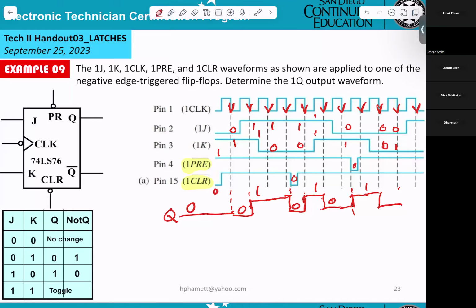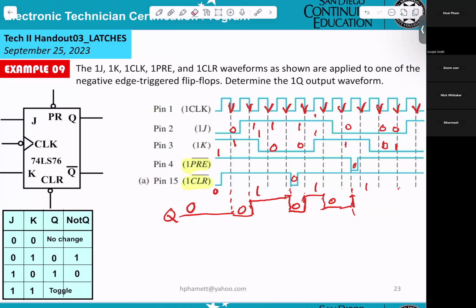Mr. Fan, if you go back to where preset was low, the dashed line that goes down shows that it's zero.